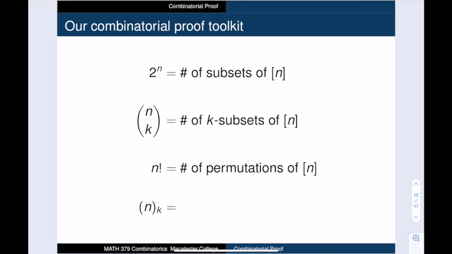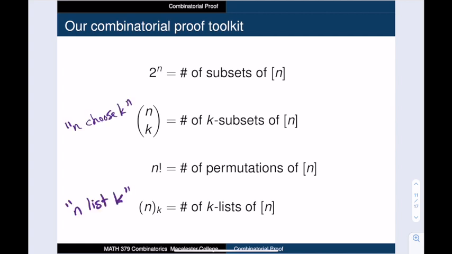All right, we're getting pretty good at this. How about this last symbol? Gosh, how do we even pronounce this one? This is the number of k-lists of the set of size n, a list that uses k of the available elements. The official name of this is the falling factorial, so n falling factorial k, but I like to call it n list k to match the n choose k name.